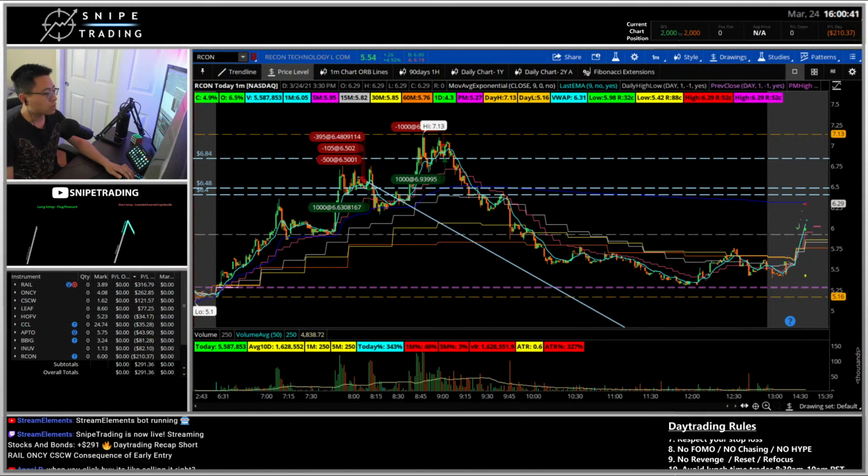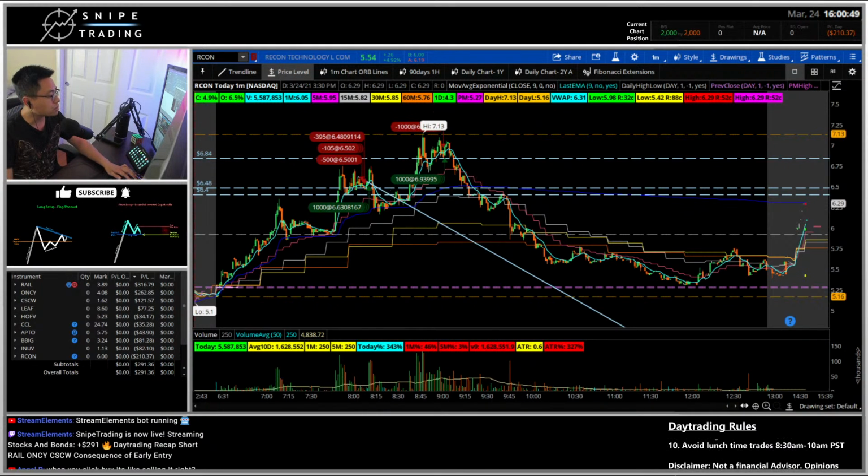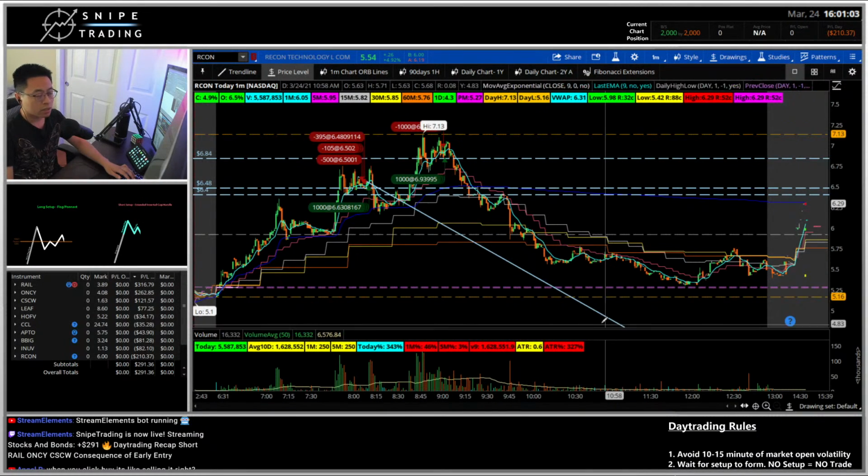Even though on RCON I have a $210 loss, it's actually 2 losses, so it's about a $100 loss on each. Even though I'm only roughly 50% winning, I'm still profitable because of risk management.